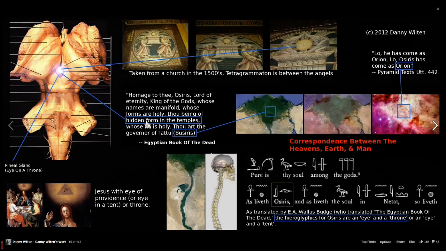And of course we see in the very first part of the Egyptian Book of the Dead, or the Egyptian Book of Coming Forth by Day, which is what it's really called, Osiris being described: his forms are holy, thou being of a hidden form in the temples of your head, basically.